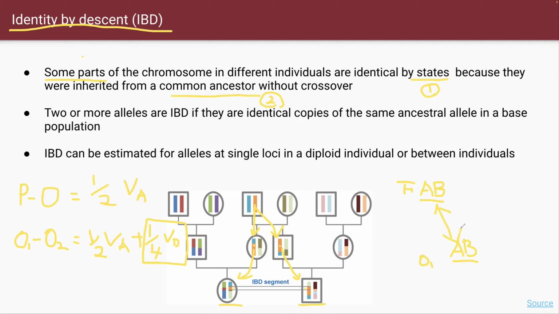Then the question is, this A comes from the father in the offspring, and this B comes from the mother. But in the father, let's assume this A comes from the grandfather. So the grandfather's A allele comes to the father, and the grandfather's A allele comes to the offspring.